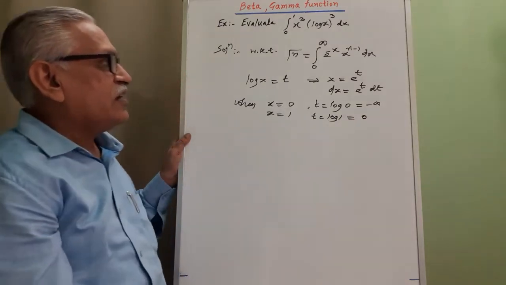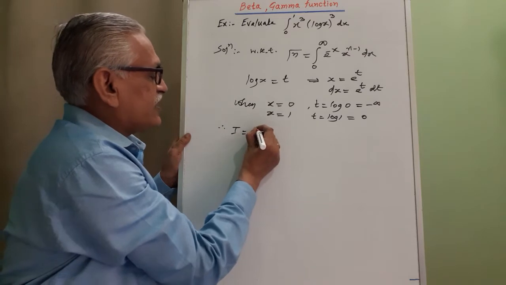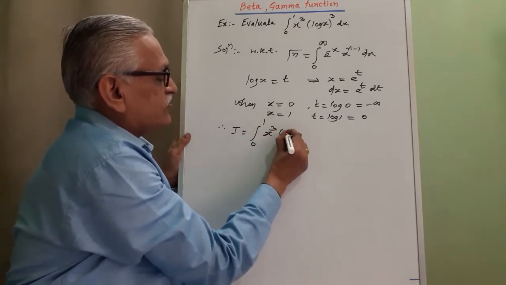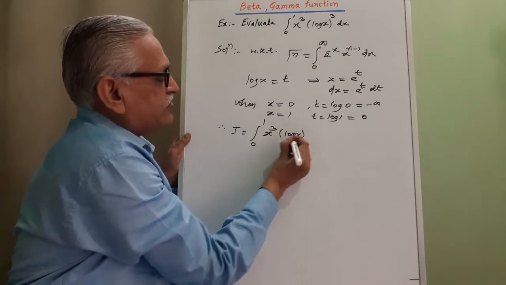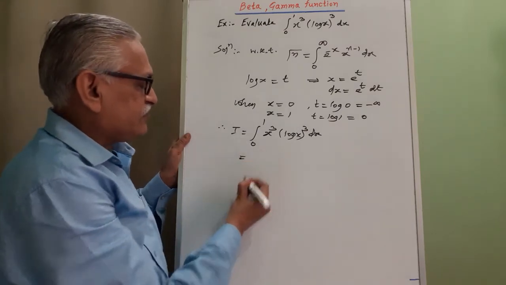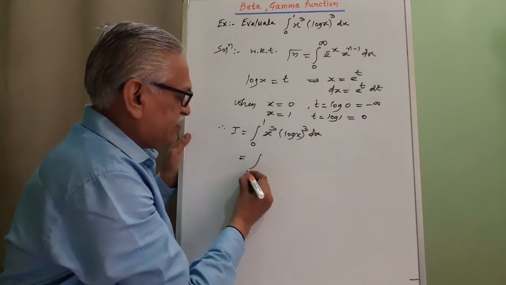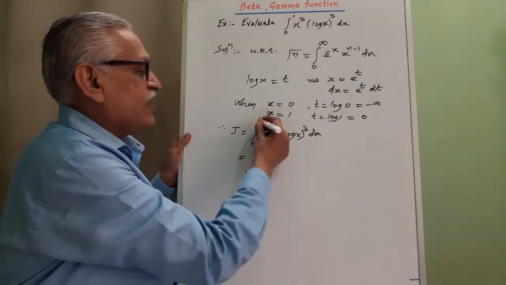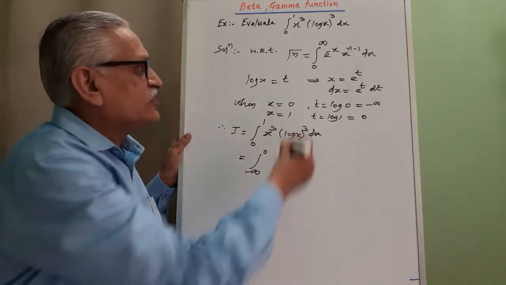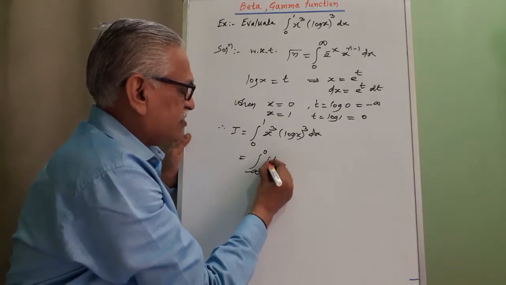Therefore that integral, if we call it I, the integral from 0 to 1 of x cube log x raised to 3 with respect to x, has limits from minus infinity to 0. x cube, where x is e raised to t, becomes e raised to 3t.